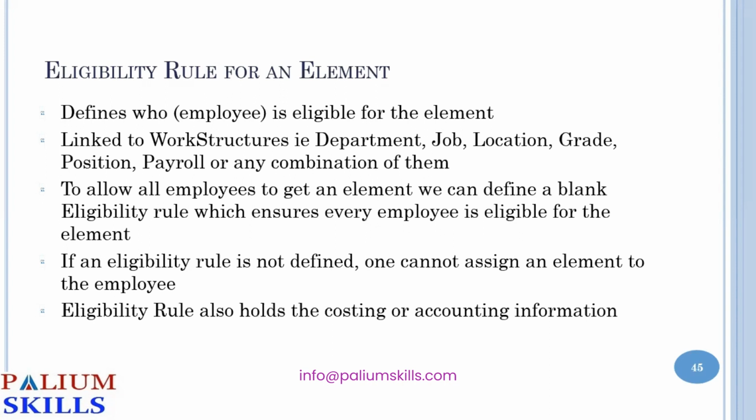To allow all employees to get an element, we can define a blank eligibility rule which ensures every employee is eligible for the element. If an eligibility rule is not defined, one cannot assign an element to the employee.